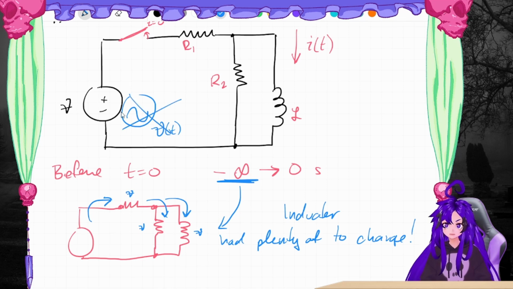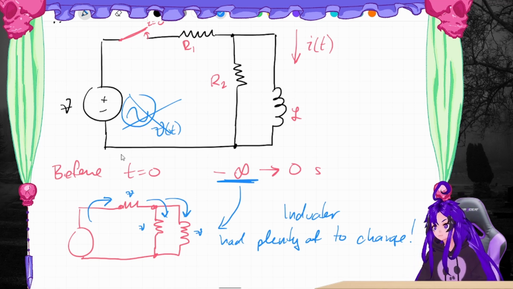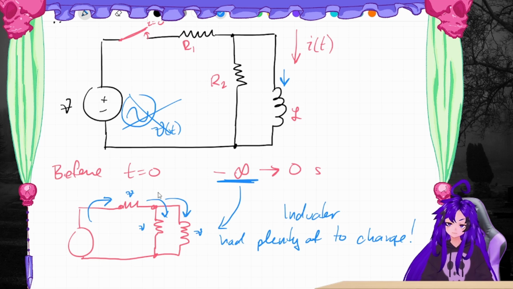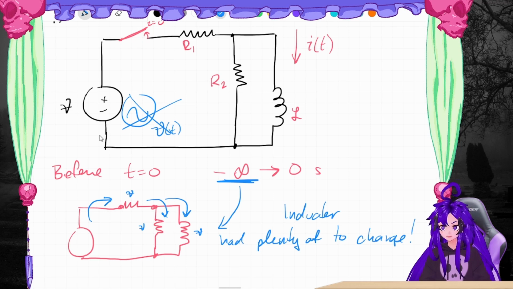So this is a DC source running this, and that means that while this source is connected, this is a wire. This is just a wire. It was just doing stuff. This was the only circuit that really existed.